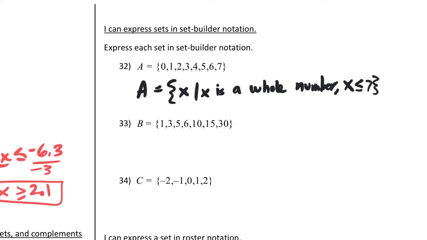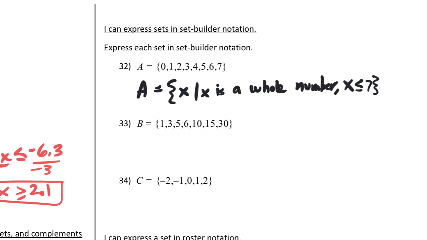That's it. That's set builder notation. They're all whole numbers, and they're less than or equal to 7. I could have said x is less than 8, because then we're talking about whole numbers, and that would be okay too.